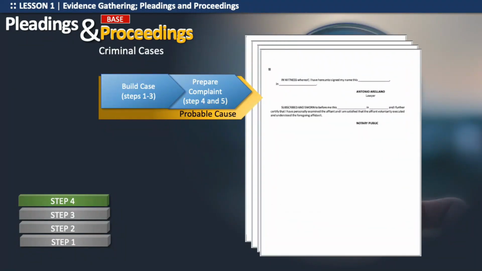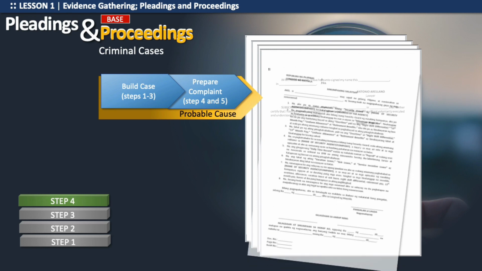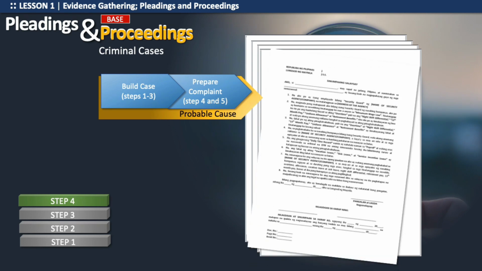All right, so there may be need to provide additional affidavits. Same thing, same example that I cited in the administrative cases. Now, to reach probable cause, generally it's documentary evidence, these evidence that we showed, including the complaint of course, that is submitted. But since there's a higher standard in criminal cases, there would naturally be need for additional pieces of evidence.